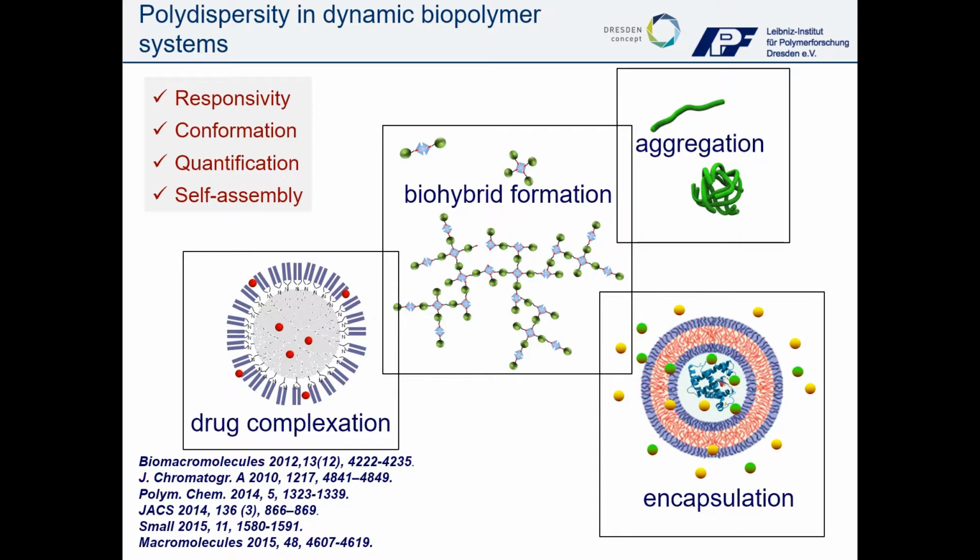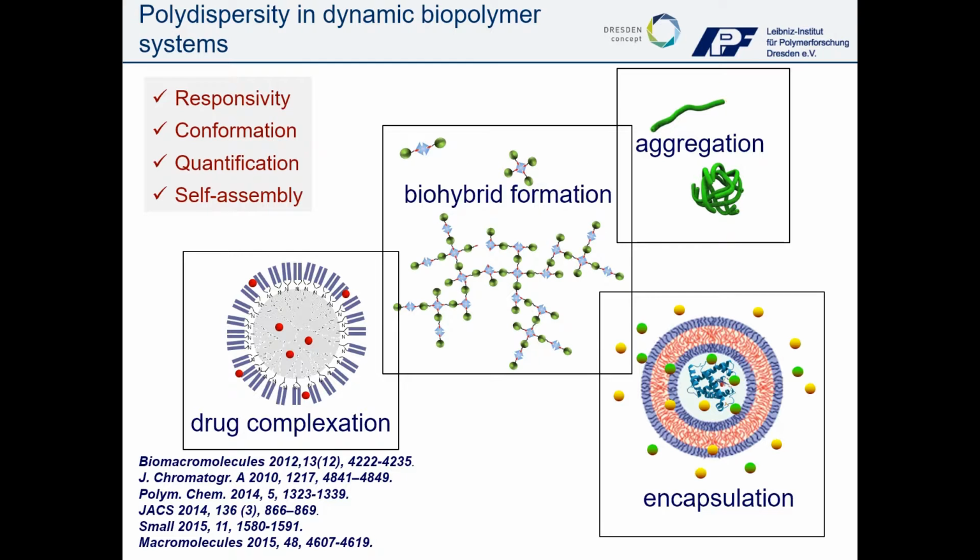Now we are working indeed with biopolymer systems or biomacromolecular systems in which a very pronounced polydispersity is existent. This means that we have big macromolecules combined with small drugs, or we have different bioconjugates or biohybrids in different sizes, or we have even much more than two components within one system.